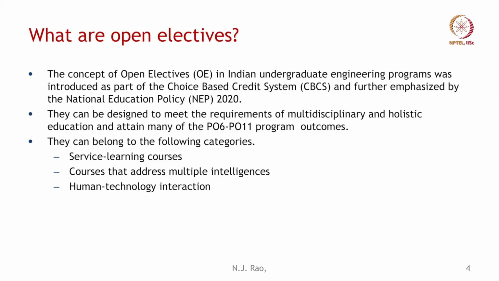We can identify courses under each of these categories, and the departments can choose whether they would like to offer them, especially in many private universities where they have all kinds of disciplines addressed or degree programs offered. It should be possible for them to identify very interesting courses under all these categories.